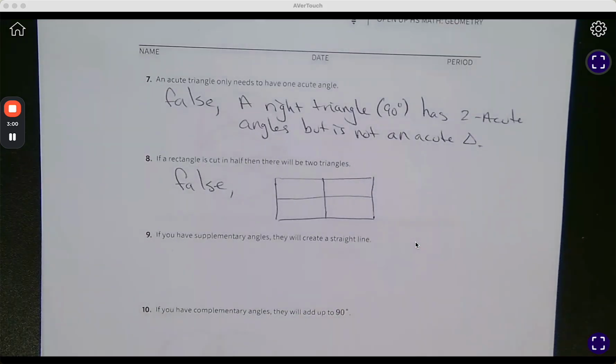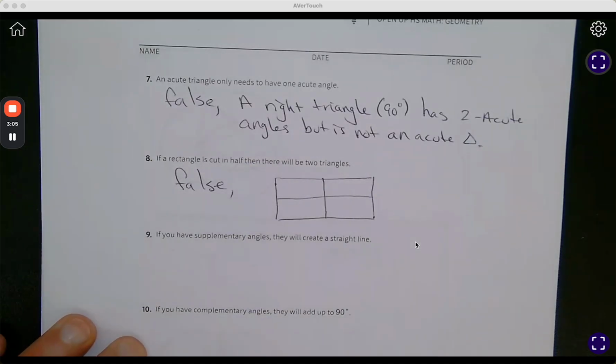If you have supplementary angles, they would create a straight line. What? That's not true. That's false, too.